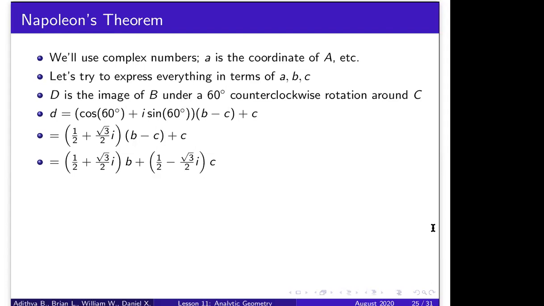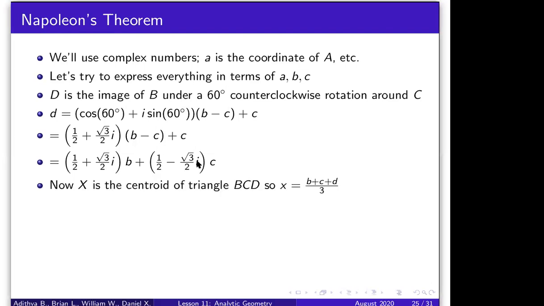So X is 1/3 of (b plus c plus d). Now we have d in terms of b and c, so I'll give you a little bit of time to check it, plug it in. It should work out.